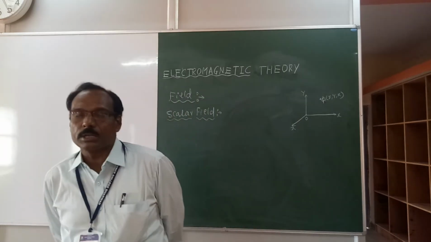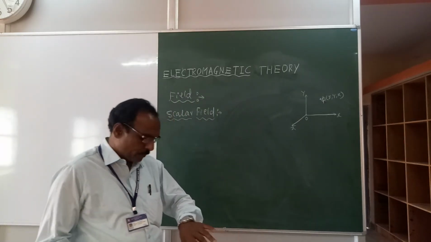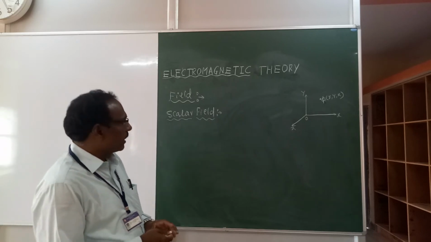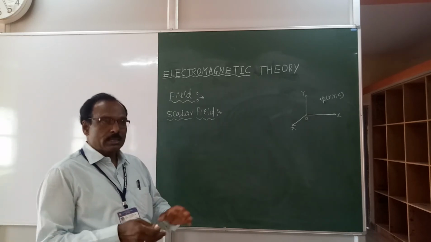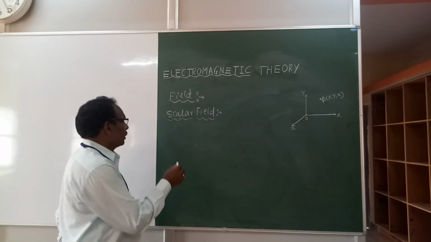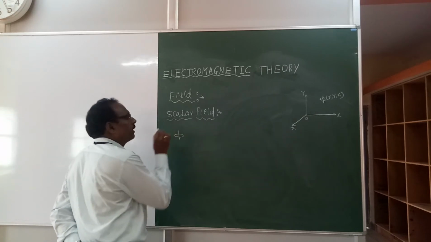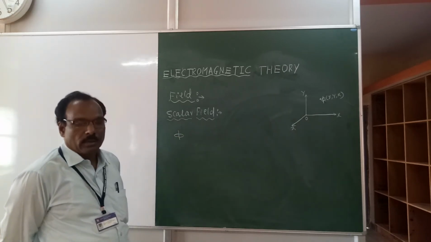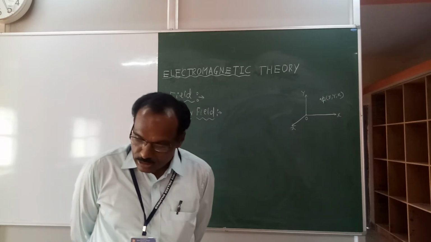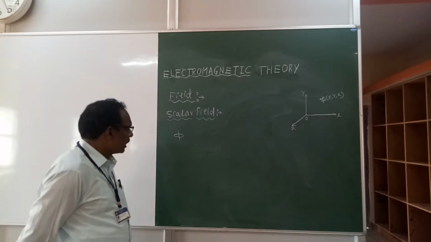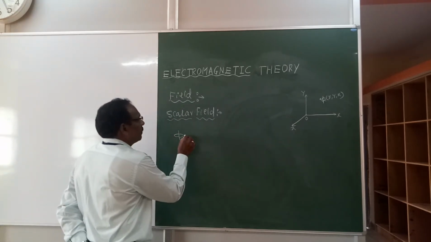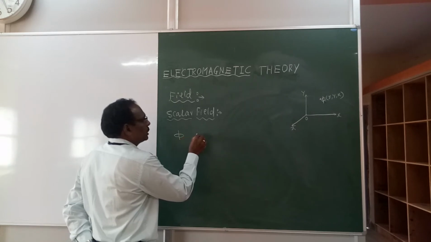Now, how to represent this scalar field? To represent this scalar field or a scalar function, say phi, is a scalar function, and this scalar function is a variable of position r.